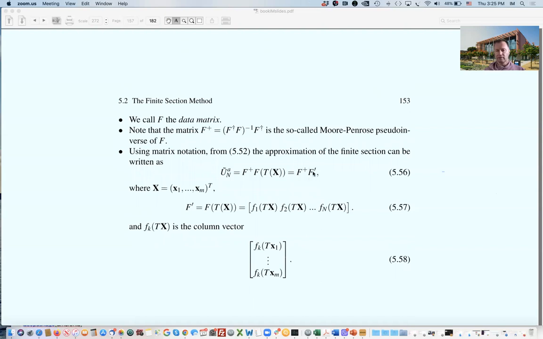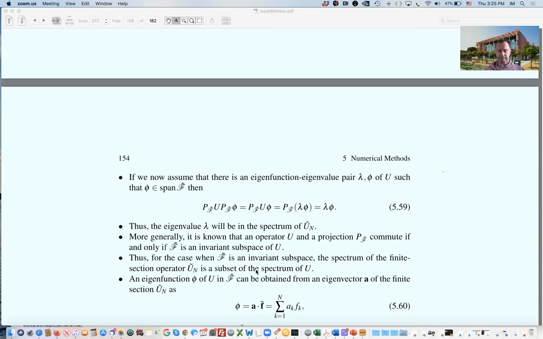Easy to code in MATLAB, in pretty much any numerical language you have out there. All right, so F prime is the value of our data matrix at the next point in time, and this fk is the column vector, just like before.